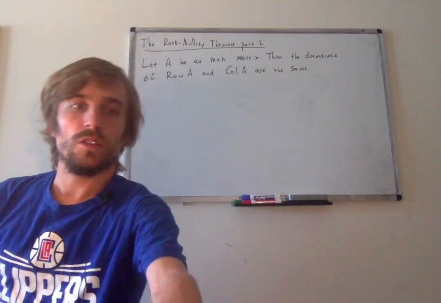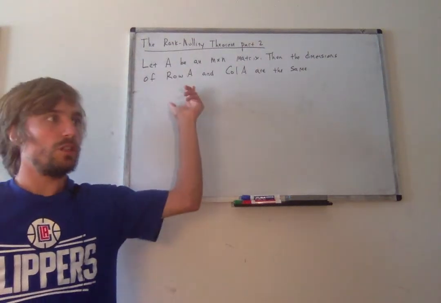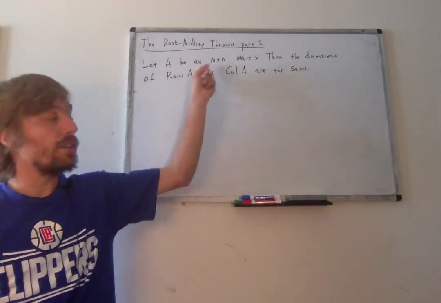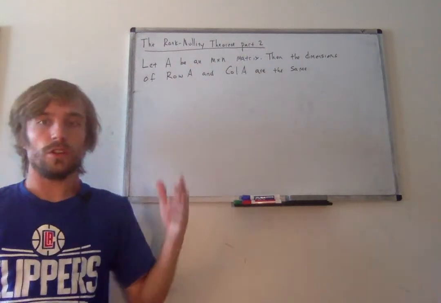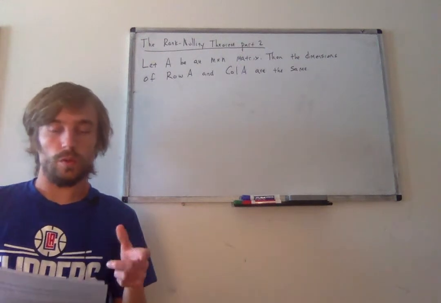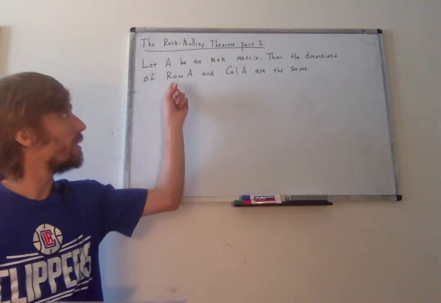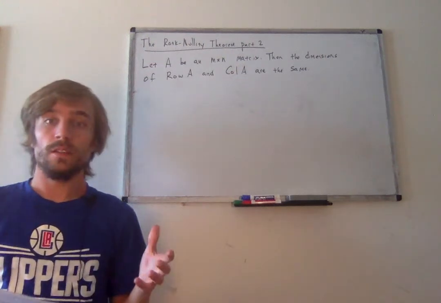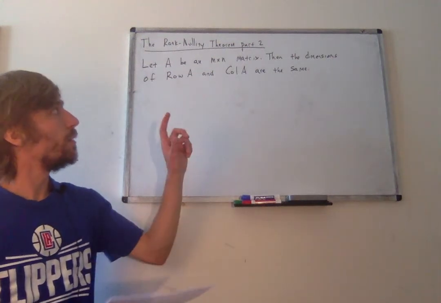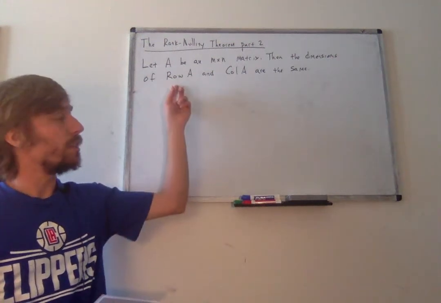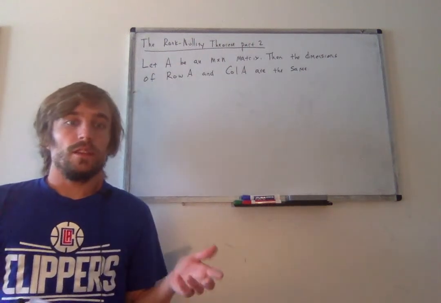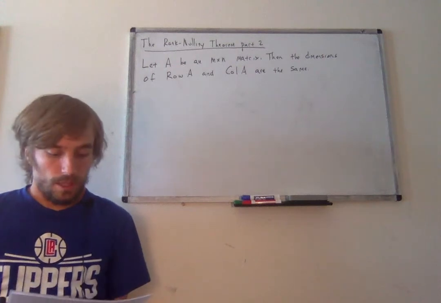So again, we get another awesome relation from a matrix that isn't necessarily square, meaning that these two spaces aren't even in the same dimension, but their dimensions are always the same. This one is in Rm, this one is in Rn, but notice again that their dimensions are always the same.